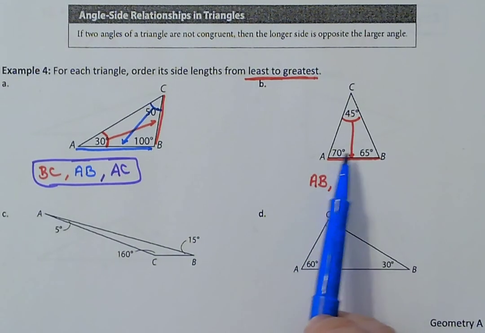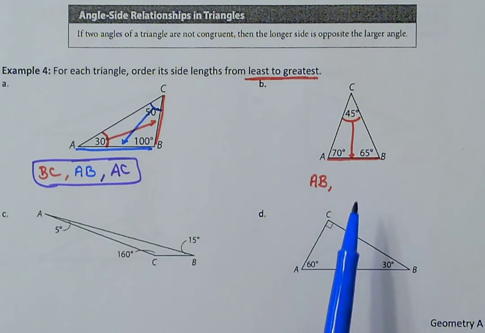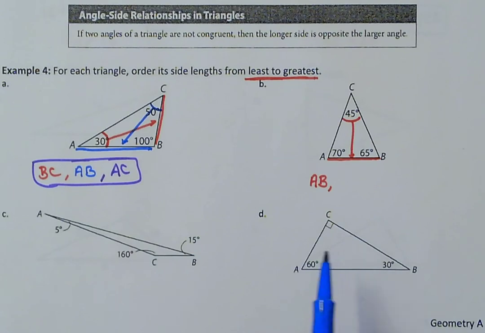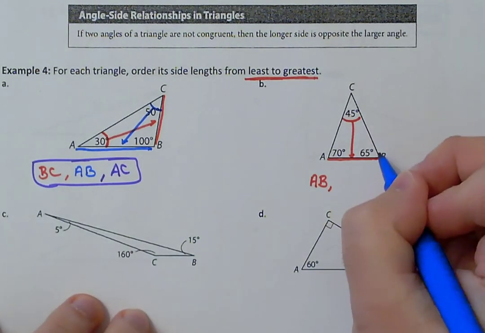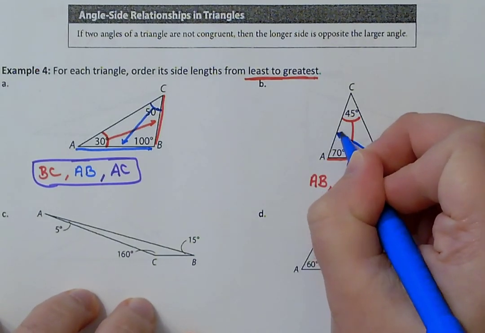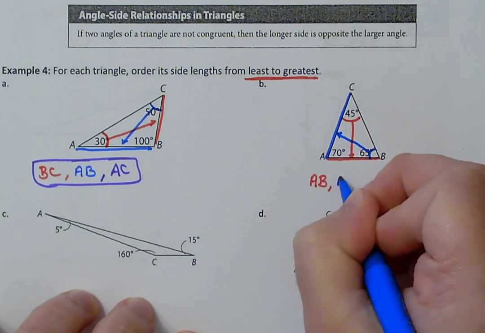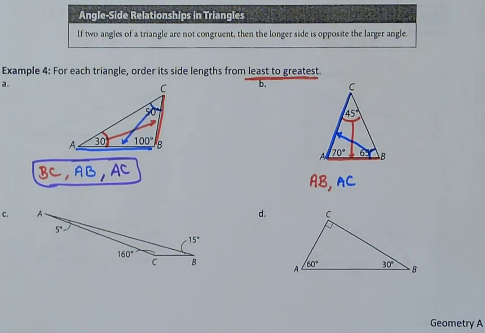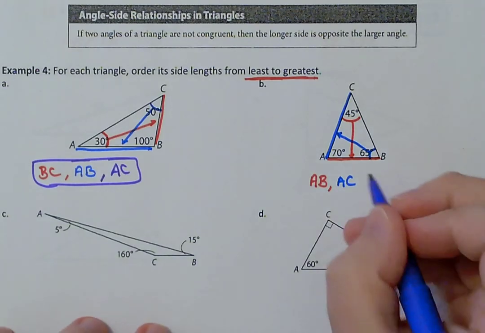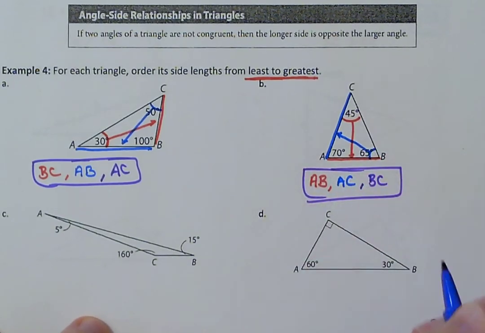Then between 70 and 65, which of these two is my smaller angle? In this case, it's angle B at 65 degrees. So the side opposite angle B is going to be the side AC. So it goes AB, AC, and then I only have one side left, which is going to be BC. And that is my order from least to greatest for the side lengths.